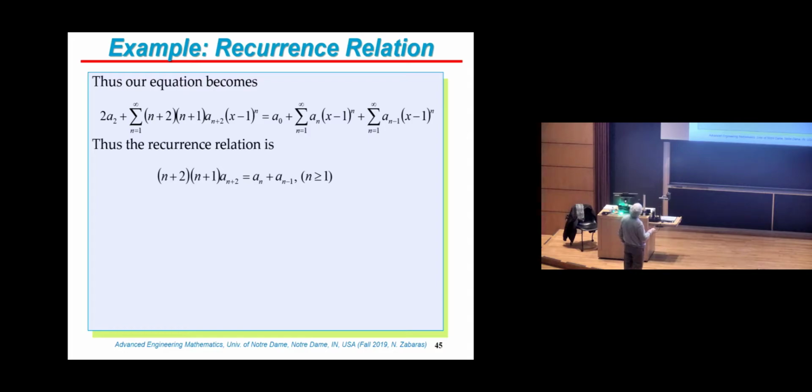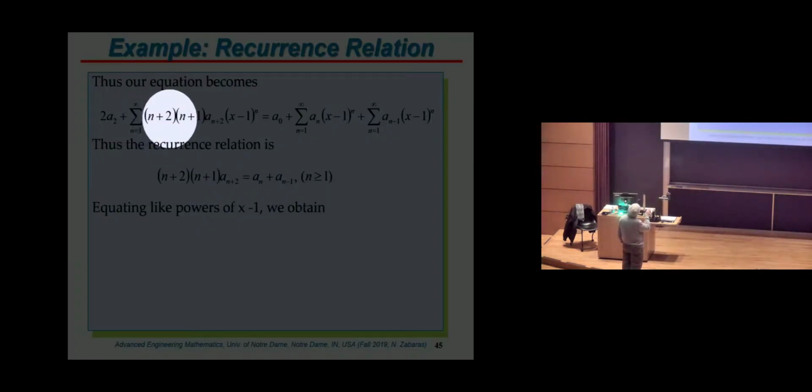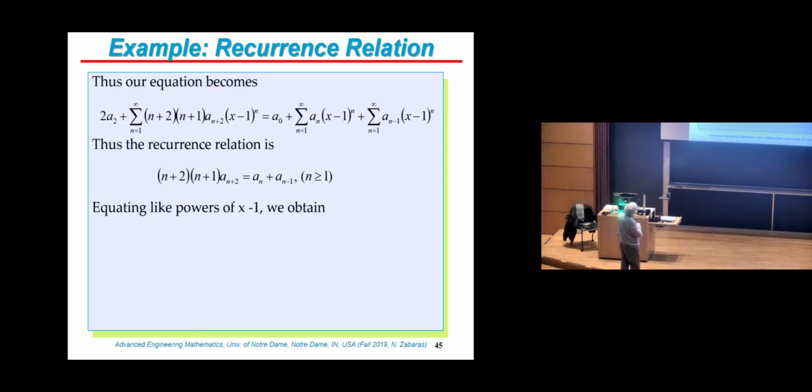So effectively, this is what we will get. The equation will look like (n plus 2) times (n plus 1) times a_(n+2) equal a_n plus a_(n minus 1). And this will be applicable only for n greater or equal to 1. Now, usually when you get an equation like that, that's painful because this equation does not directly give you, let's say, a3 in terms of a2 and a4 in terms of a3.